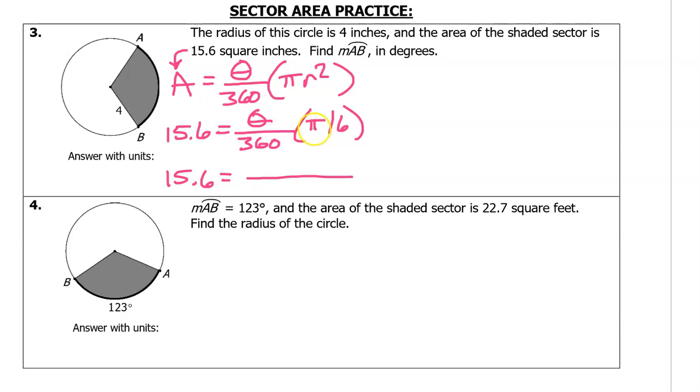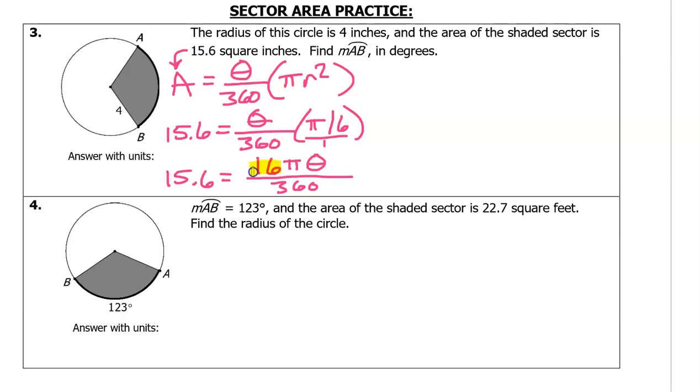This pi and 16 is going to end up in the numerator. So this is the same thing as having 16 pi, right? Pi times 16, 16 pi, that's the same thing. But all of this is over 1. So this is all in the numerator. So I'm going to have 16 pi theta over 360.